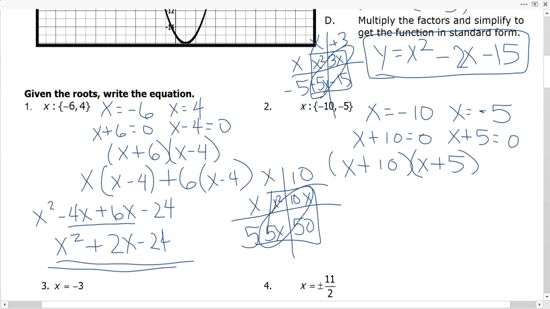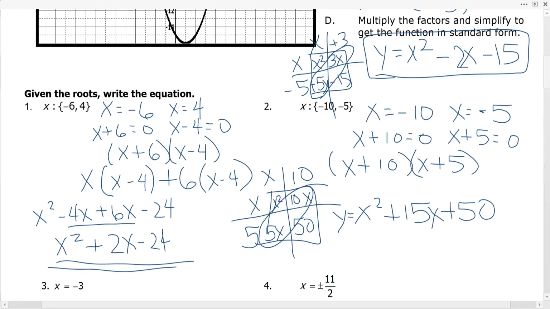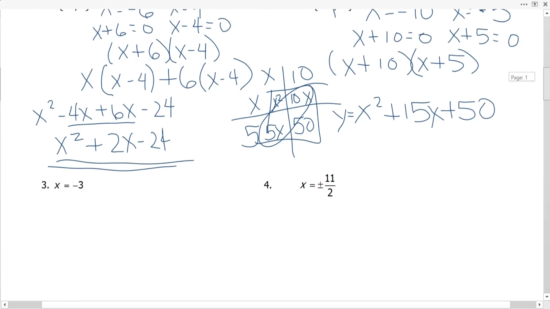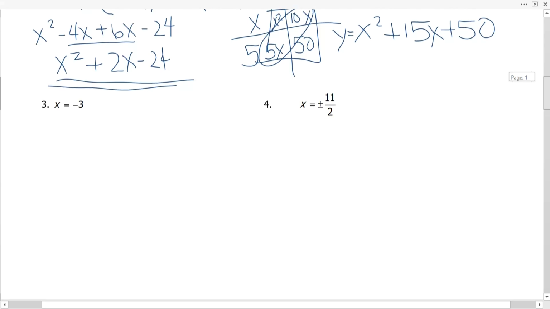I'm going to add those two together, and so I end up with x squared plus 15x plus 50, and that's my y equals. So you should notice that my factors are the same as my solutions, but just with the opposite sign. So hopefully that makes sense and you'll be able to cut out a couple steps.